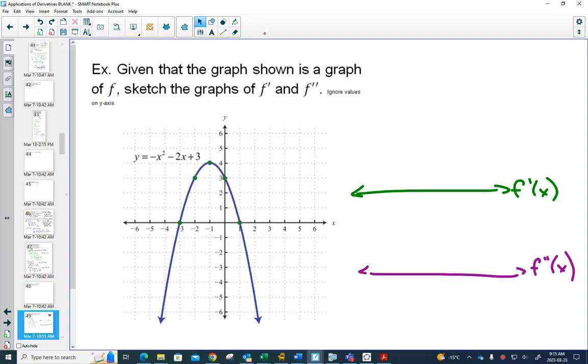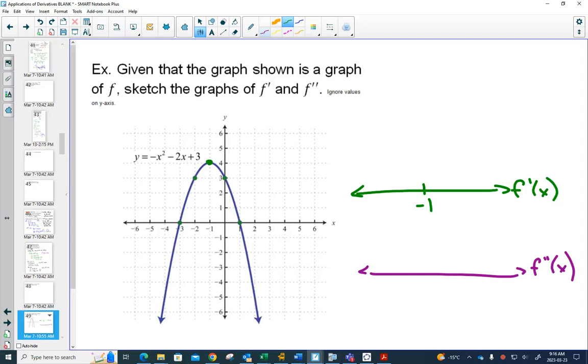So if I have the graph, can you tell that, oh, I have a maximum at -1? Which number line, the green one or the purple one, did that show up on? That showed up on the green one, right? That would be a stationary point. That would show up at -1 on there. What did the green line tell us?